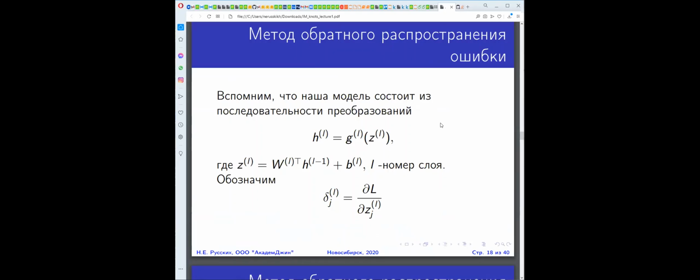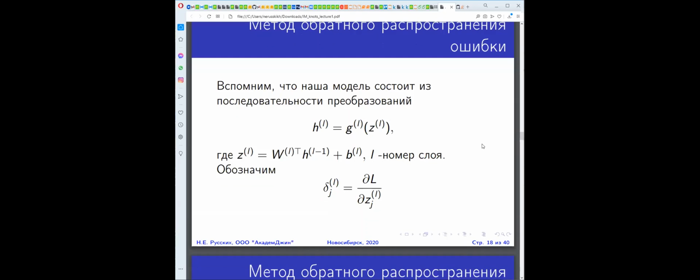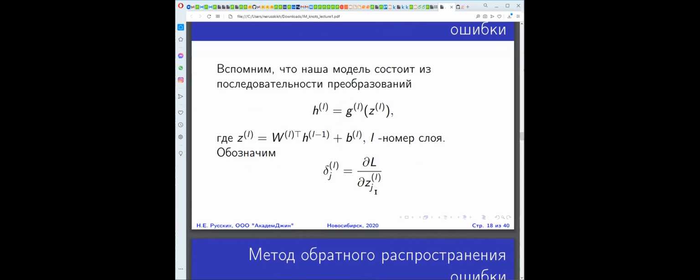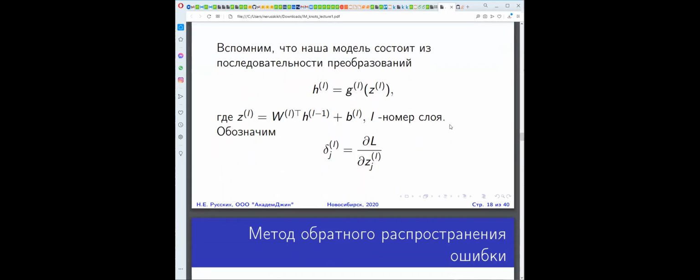Let us recall that our model consists of a sequence of functions, each a composition of an affine transform and an activation function. Let us consider for each layer a vector of partial derivatives, which we call delta.